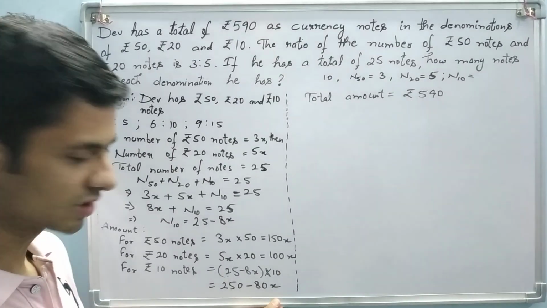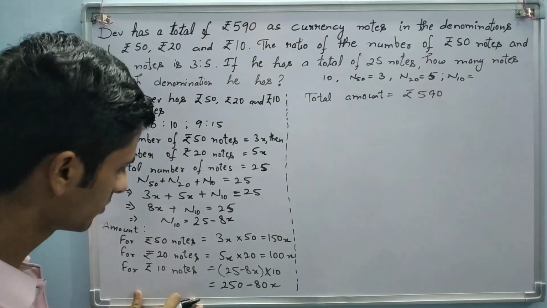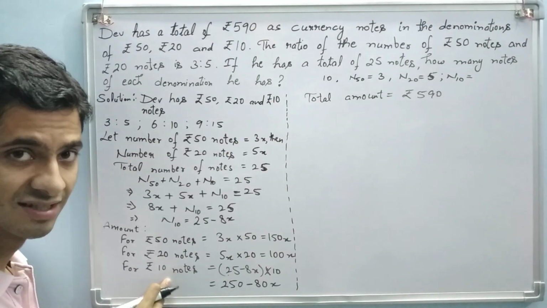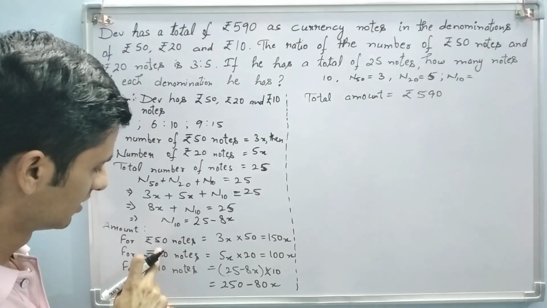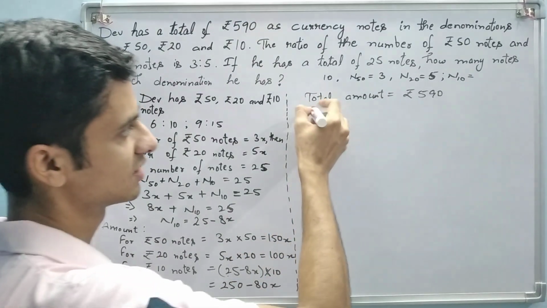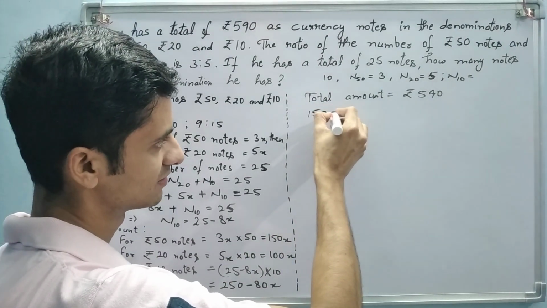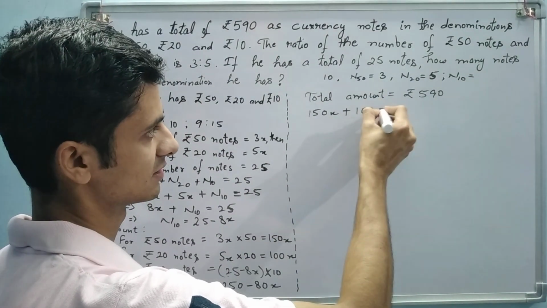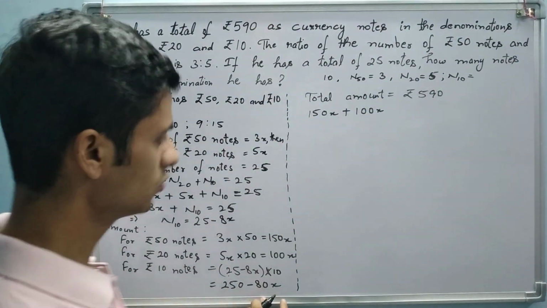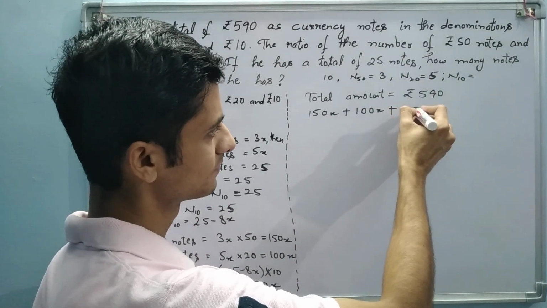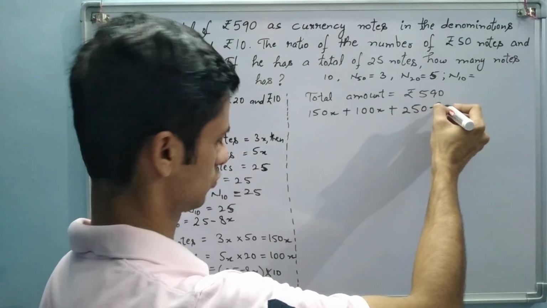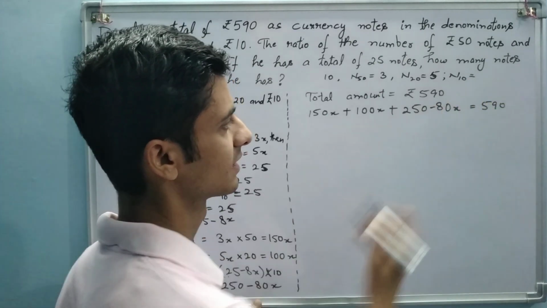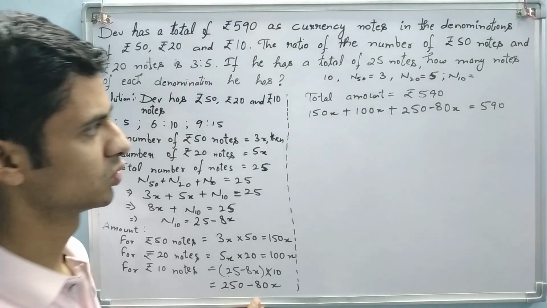So what is the total amount equal to? It is the amount formed by 50 rupee notes, 20 rupee notes and 10 rupee notes. If we add all these, we will get the total amount. 50 rupee notes give you 150x rupees, 20 rupee notes give you 100x rupees, and 10 rupee notes give you 250 minus 80x rupees. And the total comes out to be 590.